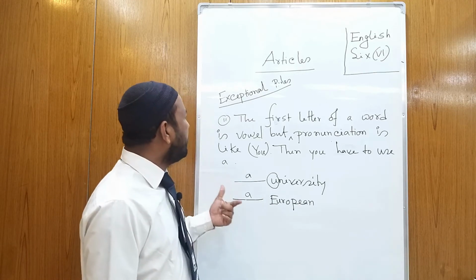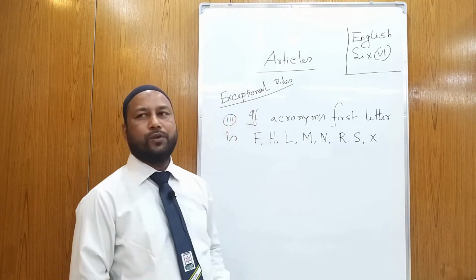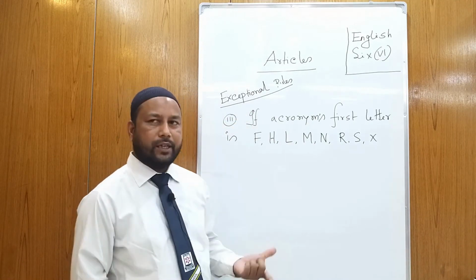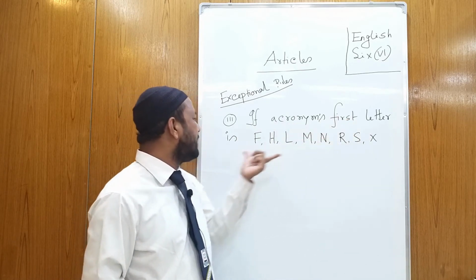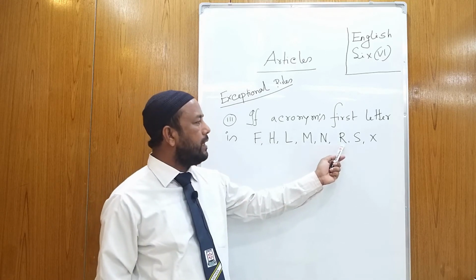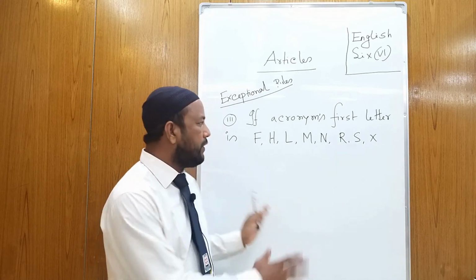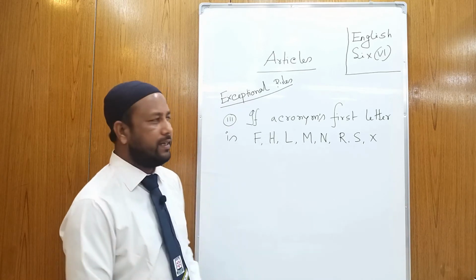Now we will move to exceptional rule 3. In this rule, you can see the rule is: if an acronym's first letter is F, H, L, M, N, R, S, X, that is if the first letter's sound begins with a vowel, you have to use "an".